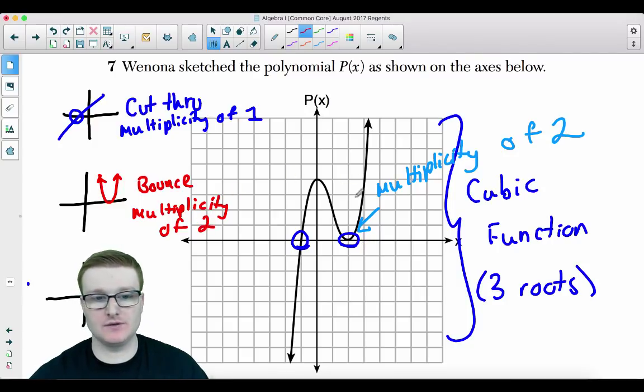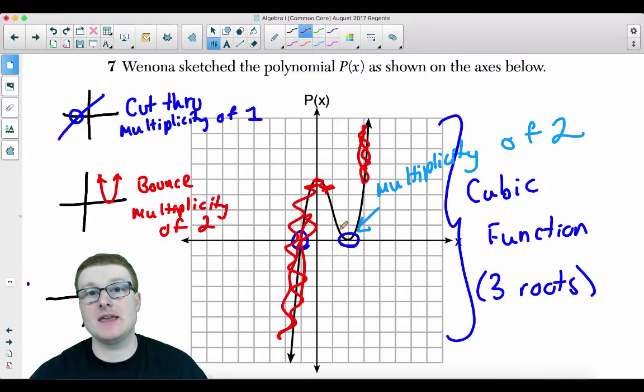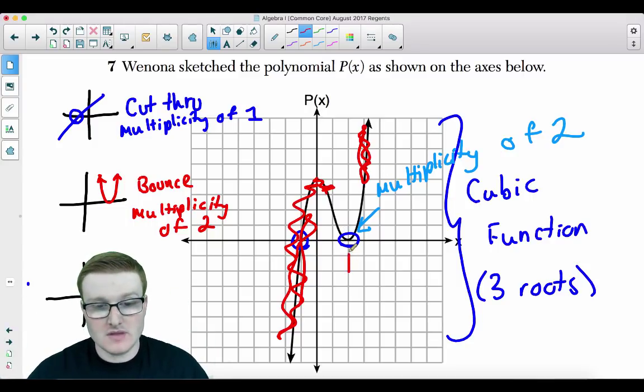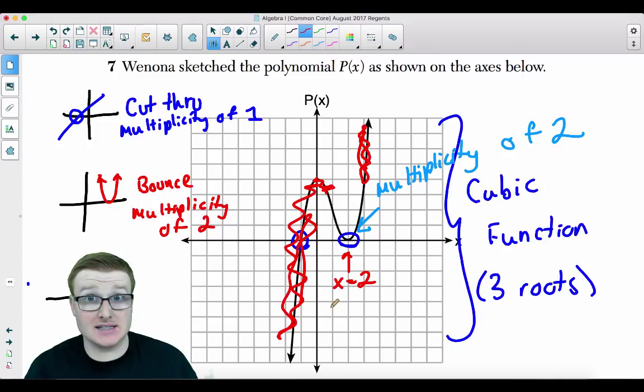That's where I'm getting the multiplicity from. If you actually just ignore these pieces over here, this is a mini quadratic. It's bouncing off of the x-axis. So this is x equals 2, but it's really counted twice in your answer. That's what multiplicity is. It's the relationship between the characteristics of the graph and how many times the root repeats itself.